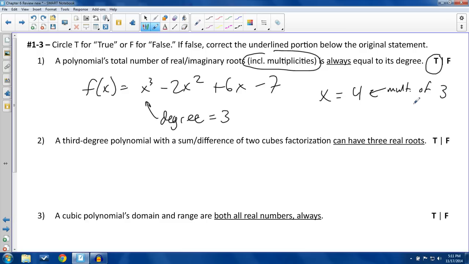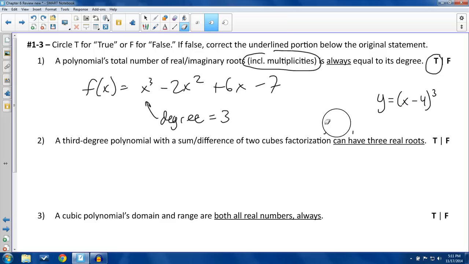What you have to keep in mind is that you have 3 answers, and if you need to write them all out one by one, x equals this, you could write this out one by one, as long as you know what's going on. Because what does this look like as an equation? What if this was that? This would factor to y equals x minus 4 quantity cubed.